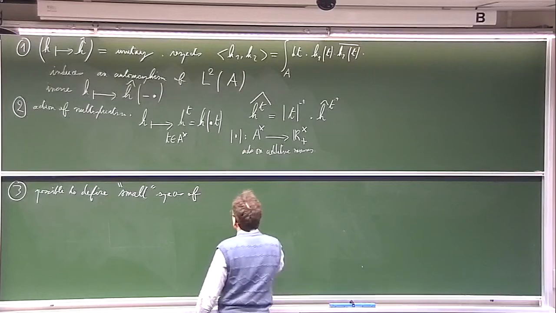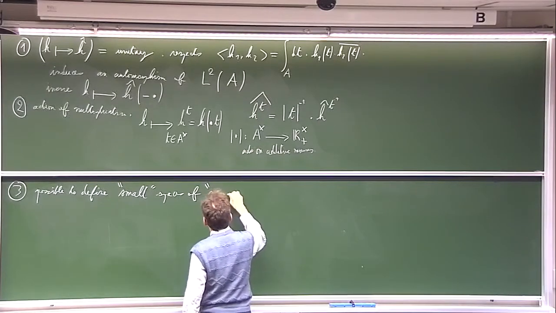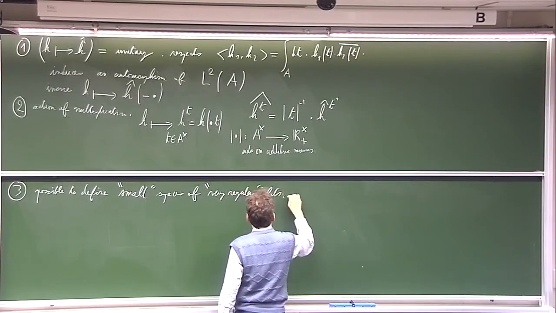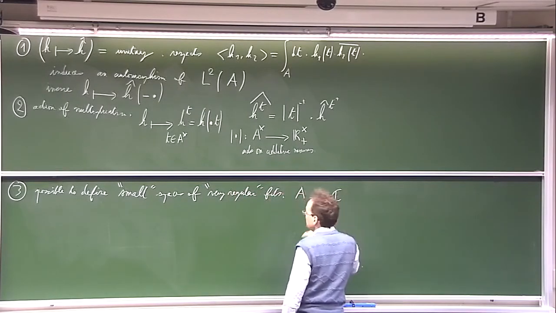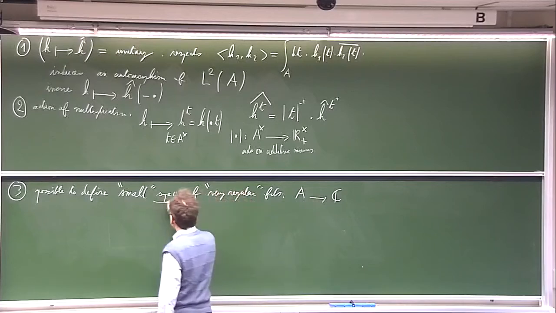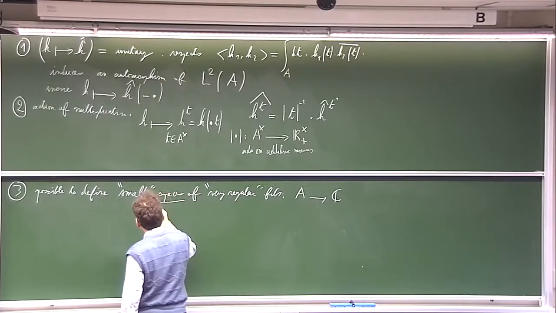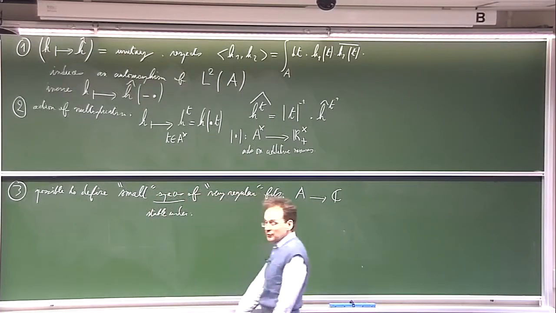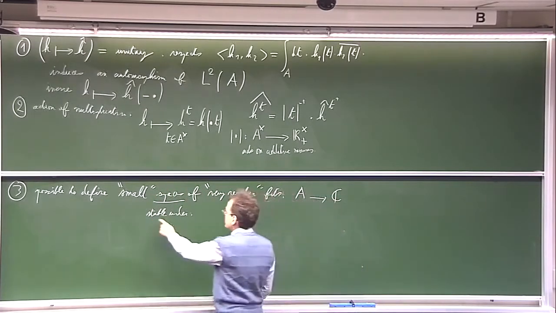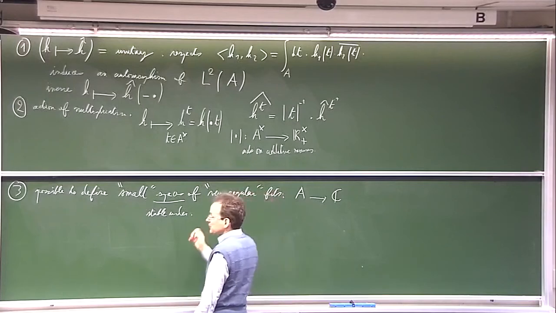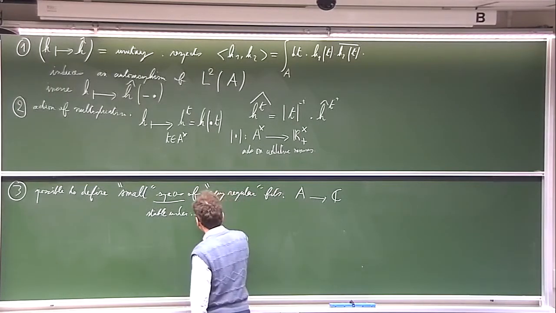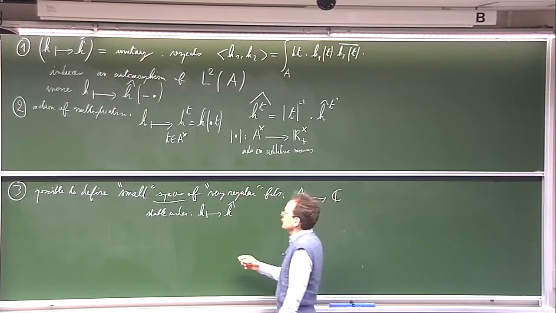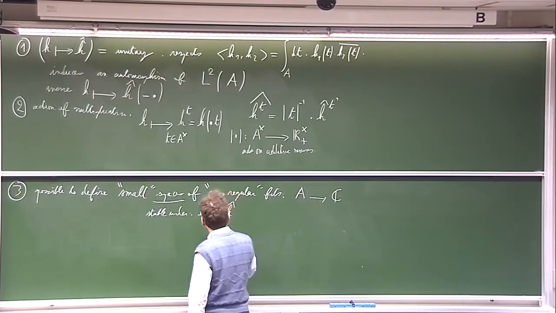of, let's say, very regular functions from A to C, and I want these spaces to be stable under the following. First, I want them to be stable under the Fourier transform, and of course also under its inverse.